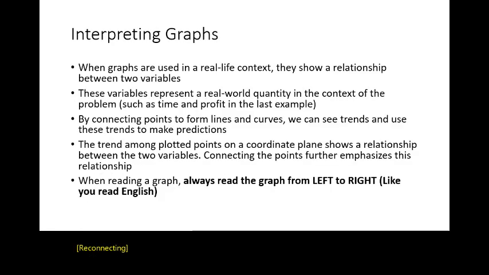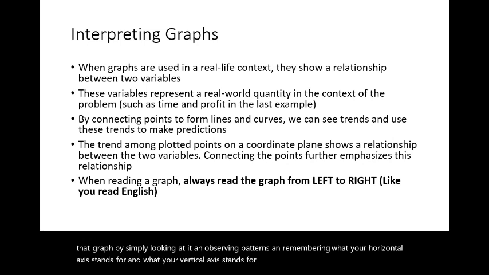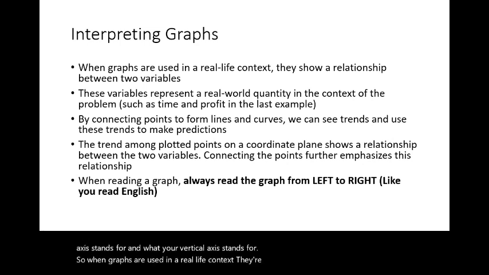Now, the reason why it's important to identify independent and dependent variables is because when your graph actually stands for something realistic, you can interpret that graph by simply looking at it and observing patterns and remembering what your horizontal axis stands for and what your vertical axis stands for. When graphs are used in a real-life context, they're going to show a relationship between two variables, such as paycheck and time.